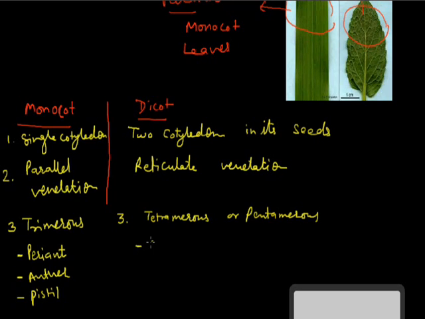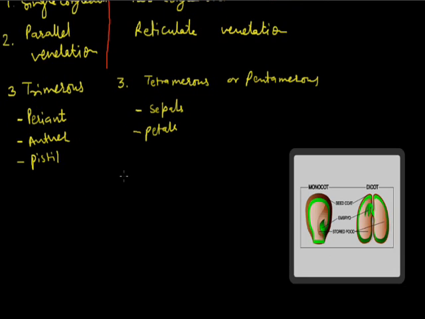Here the outermost part is called the sepals, then petals, and third one we call the anther, and fourth one we call the pistil. In some plants, the flower has another structure we call the epicalyx also. So they have four or five parts in the case of dicot plants. So this is the difference between the monocot and dicot on the basis of their flowers and other structures.